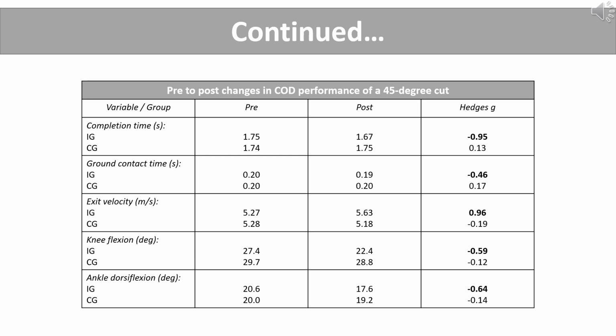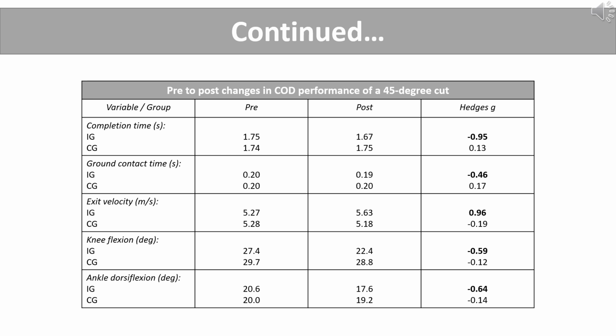Here we've got our pre and post values, and we're looking at within group changes, and you can see that any value that's highlighted in bold, any effect size value, represents a significant or meaningful change. Now for these 5 metrics, we can very clearly see where the benefit lies.